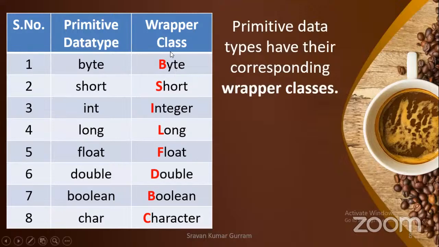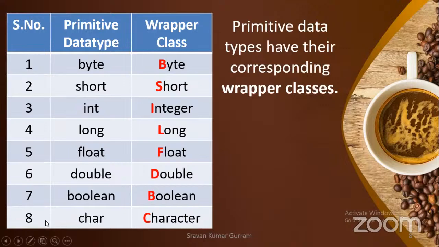Anyway, these are called wrapper classes. Now see, short is a primitive data type. The wrapper class for short is Short with capital S. That rule is applicable to all, but the difference is, see now, int is a primitive data type, but the wrapper class name is Integer, the complete name. You should not write Int with capital I. No, the complete word, Integer.